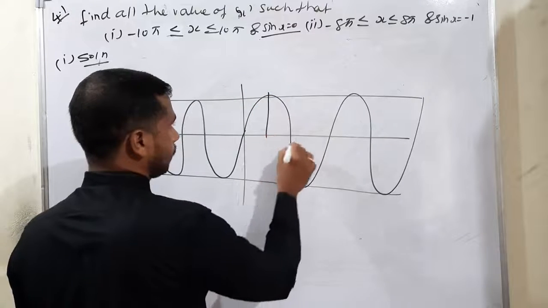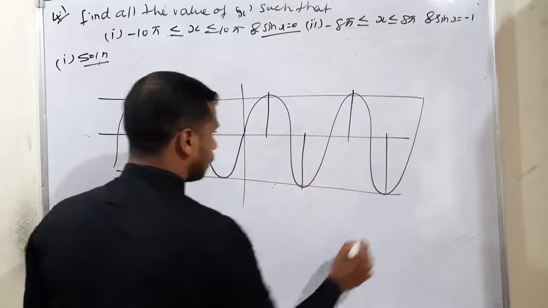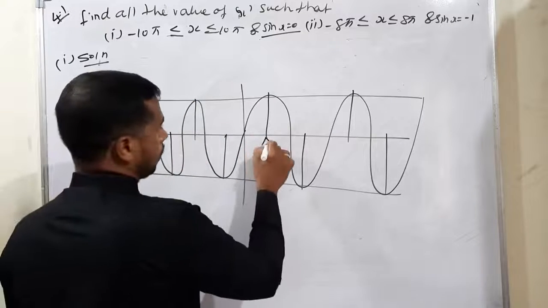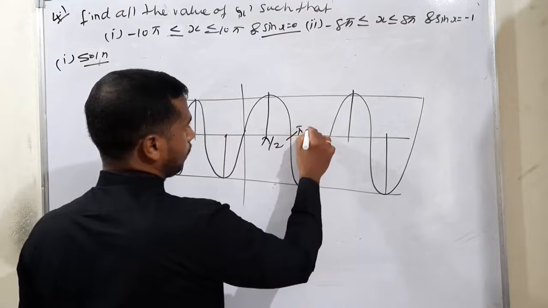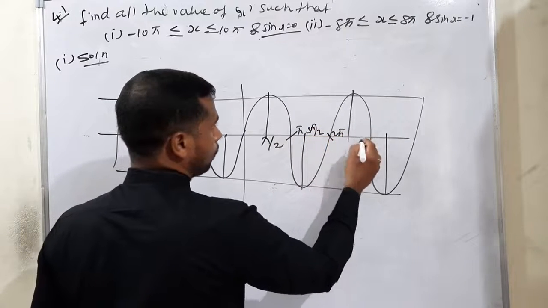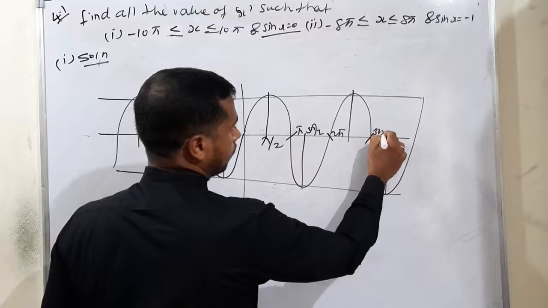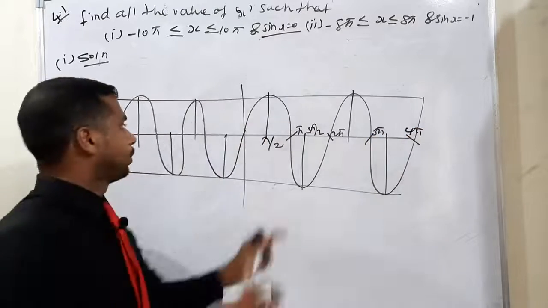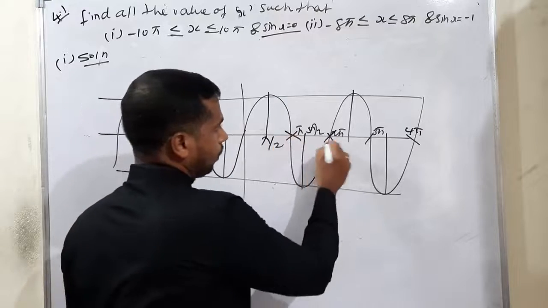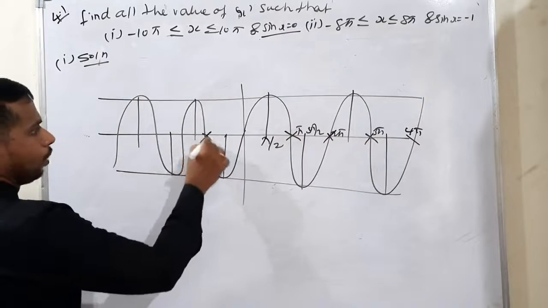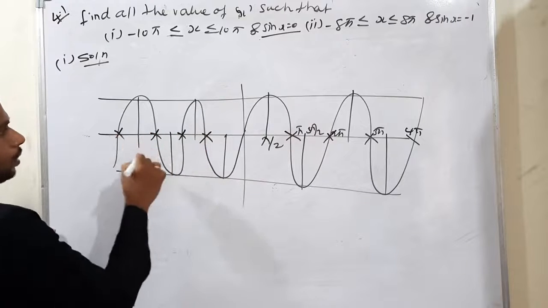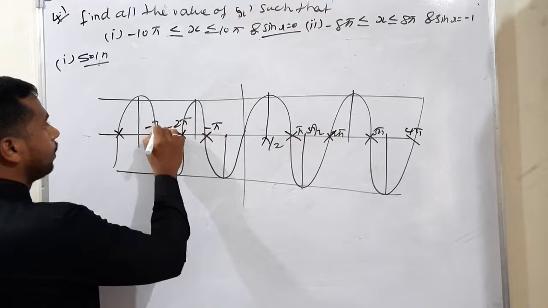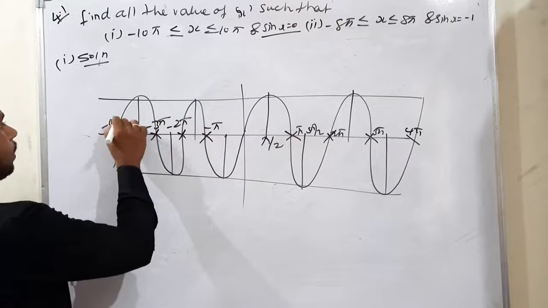Then pi by 2, pi, 3 pi by 2, 2 pi, then 3 pi, 4 pi, it's moving on. For the condition sin x is equal to 0, we only have to look at the origin point, and the opposite side also. From the origin point, definitely we can say this is negative pi, this is negative 2 pi, this is negative 3 pi, this is negative 4 pi.